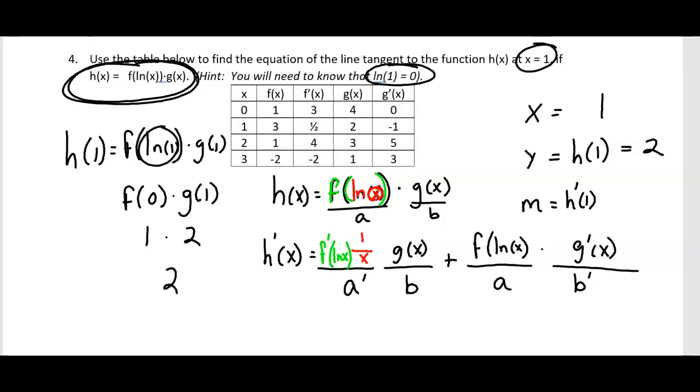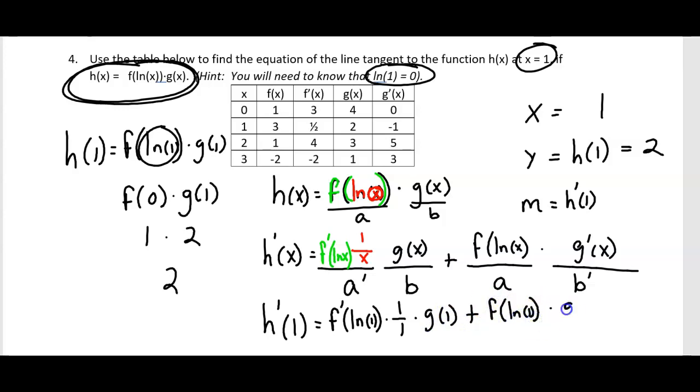Next, we're going to go ahead and plug in the 1 that they give us. So h prime of 1 is going to be f prime of ln of 1 times 1 over 1 times g of 1 plus f of ln of 1 times g prime of 1. All right.